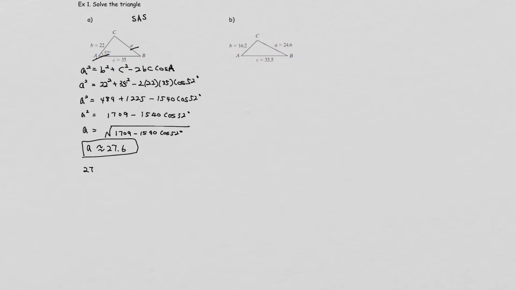So we do 27.6 over sine 52 degrees equals, let's find B. We don't know the angle, so sine B equals, cross multiply and divide by 27.6, 22 times sine 52 degrees divided by 27.6.